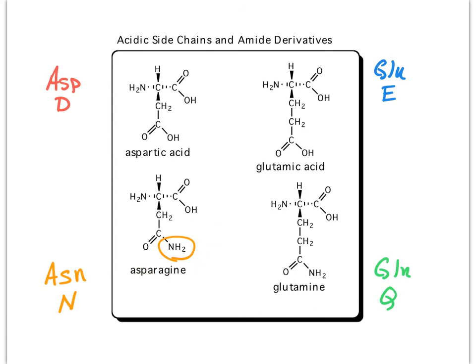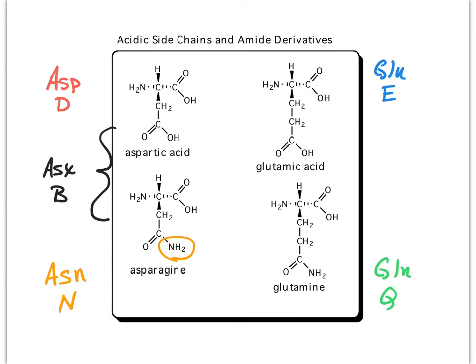So there was a convention to deal with that, and that was to use Asx for the three-letter code and B for the one-letter code, for the combined pool of aspartic acid and asparagine when we couldn't differentiate.